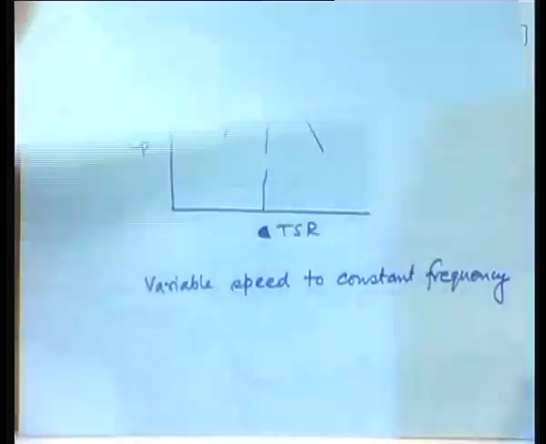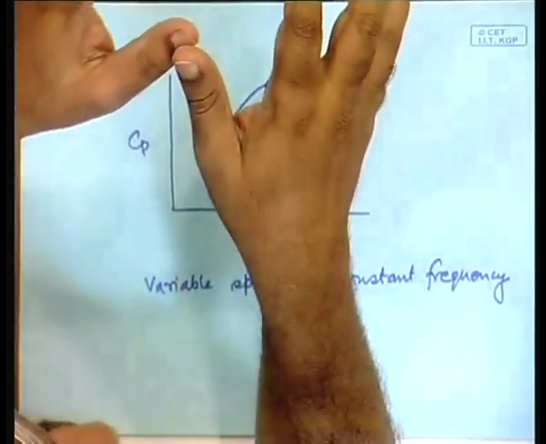So, you may notice that if the number of poles is 2, then it will be 3000 rpm. In that case, if the amount of wind or steam going into the turbine goes up, what happens?